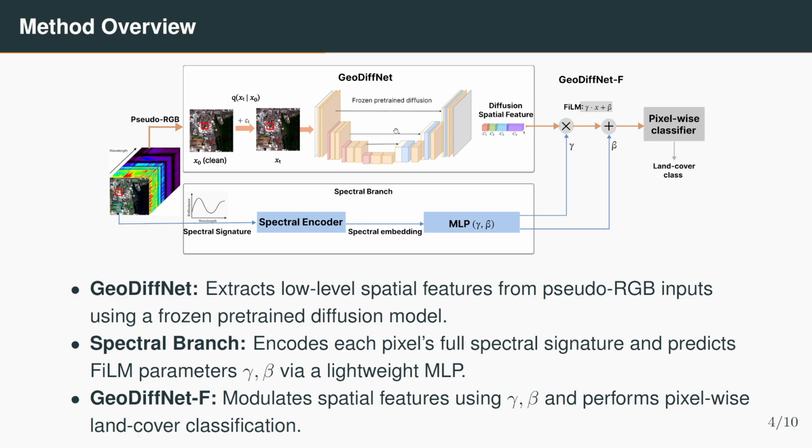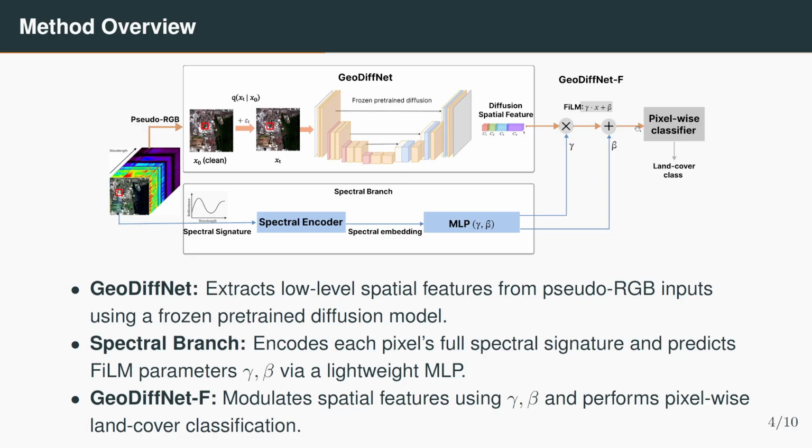To further incorporate the spectral information, we use the parallel spectral branch shown below. Each pixel's spectral signature is encoded by an MLP network, which predicts FiLM parameters, vectors gamma and beta, that scale and shift the spatial features channel-wise.